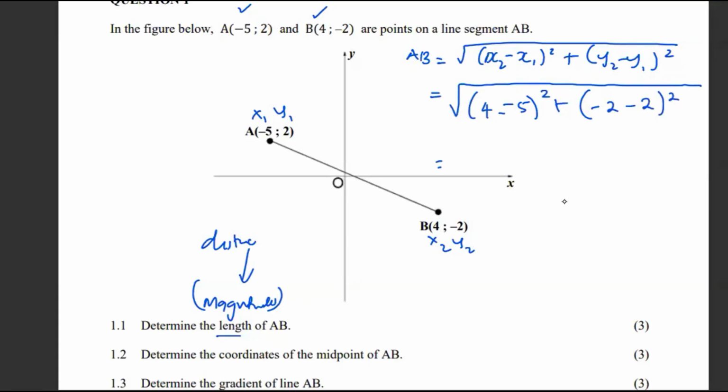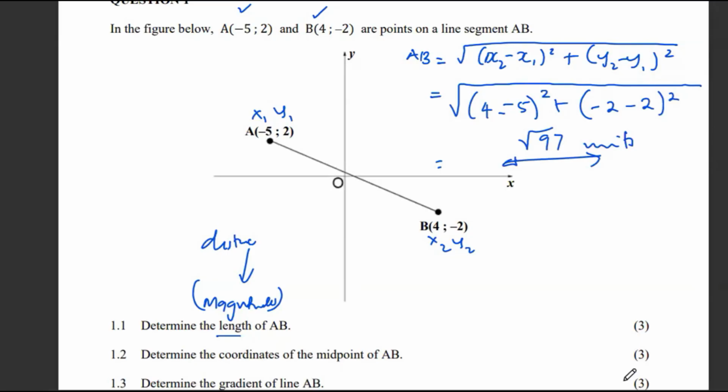Punching this into my calculator, I'll have that plus that. So I end up with root of 97 as my answer. I can put units since it is distance.